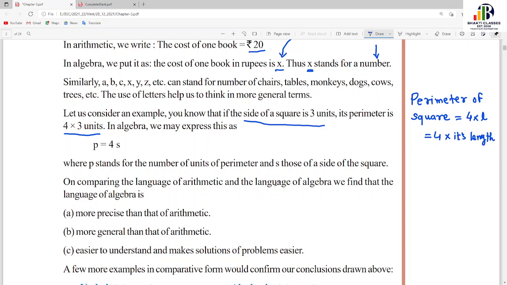This is the formula. So if the side of the square is 3, then its perimeter is 4 into 3. In algebra, we may express this as perimeter P is equal to 4 into S, where P stands for the number of units of perimeter and S for those of the side of the square.